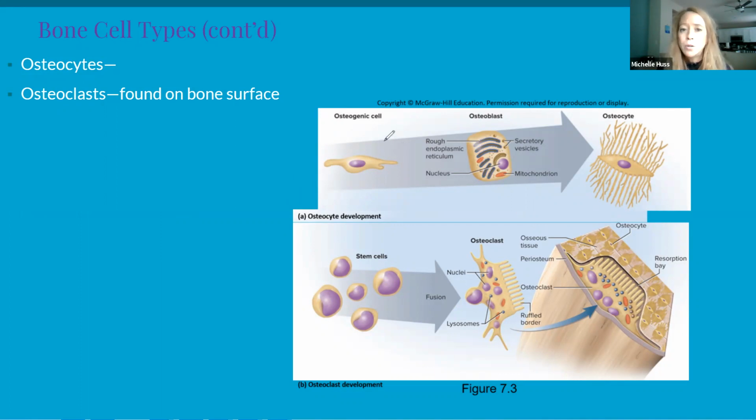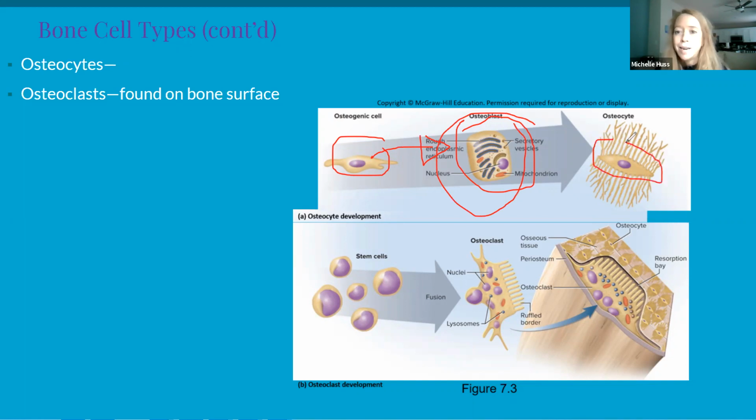So you have an osteogenic cell, it becomes an osteoblast cell. Don't worry about these different names. You just want to know that this becomes this, when it's stimulated, and the osteoblast will secrete matrix all around it. And then, unfortunately, it lives inside the matrix and it becomes an osteocyte.